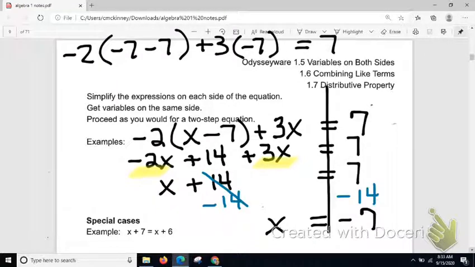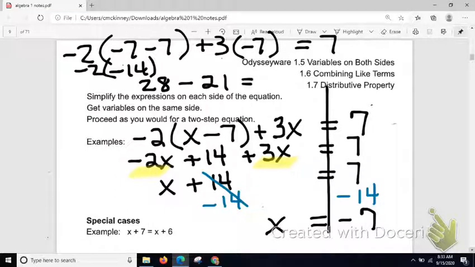So inside here, this would be -14. And then -2 times -14 is 28. 3 times -7 is -21. And 28 minus 21 is 7. So it works. It's true.